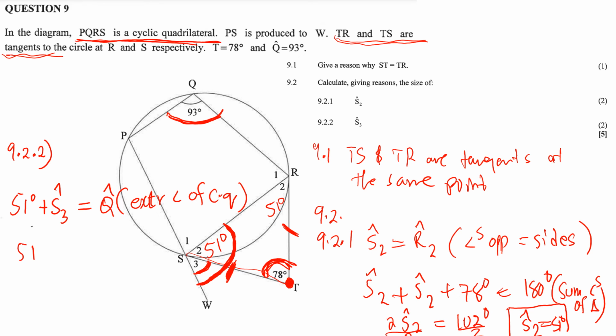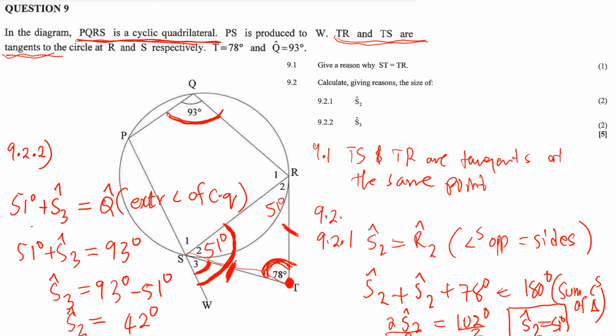So it's 51 degrees plus S3 is equal to angle Q, which is 93 degrees. To solve for angle S3, it will be 93 degrees minus 51 degrees, which will give us 42 degrees. So our S3 is 42 degrees.